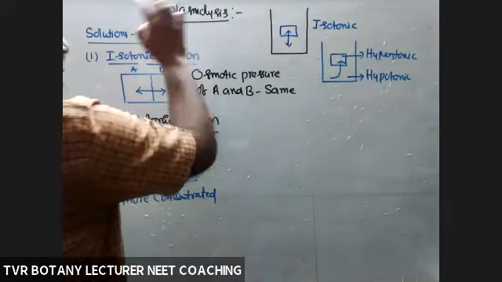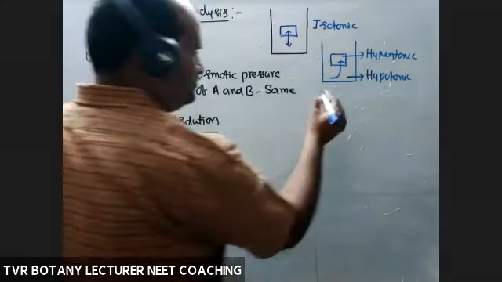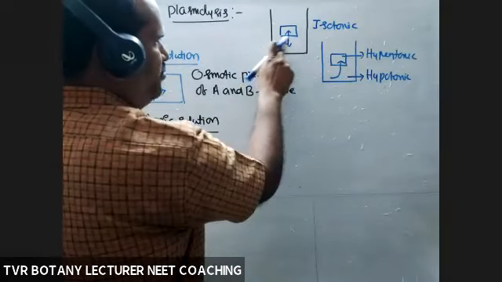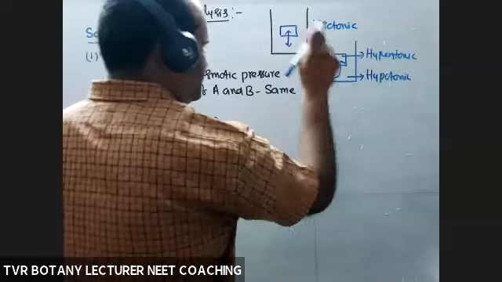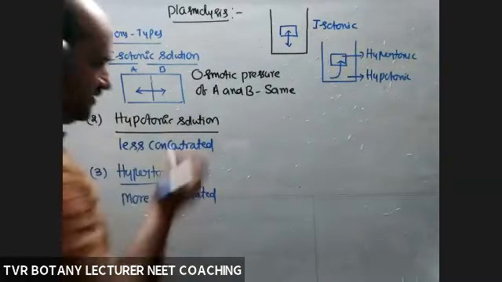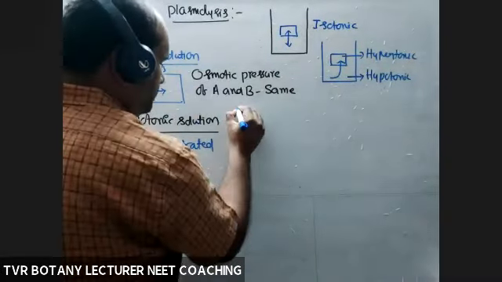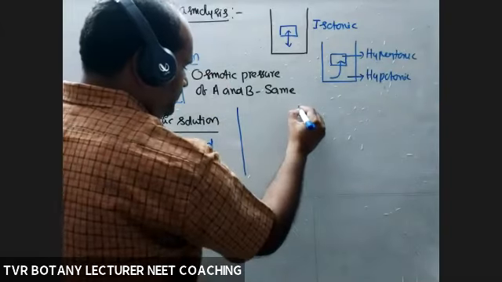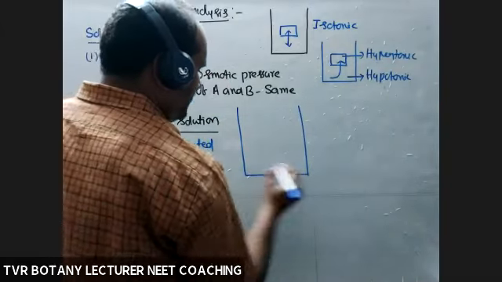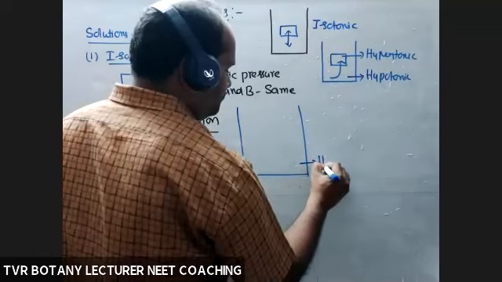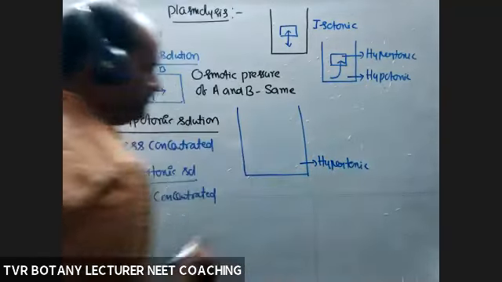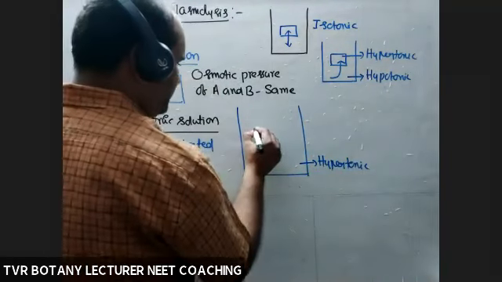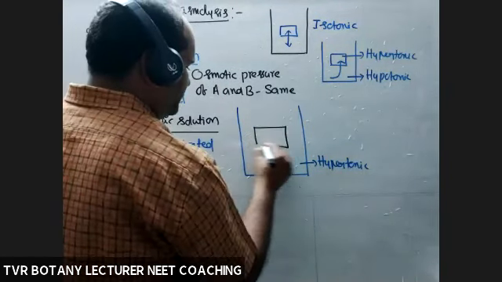Now come back. What about plasmolysis? So here there is no movement of water. Here from beaker into concerned cell. Now what is plasmolysis? Beaker with a hypertonic solution. Hypertonic solution. And a cell with a hypotonic condition.